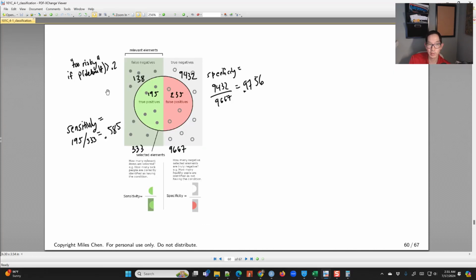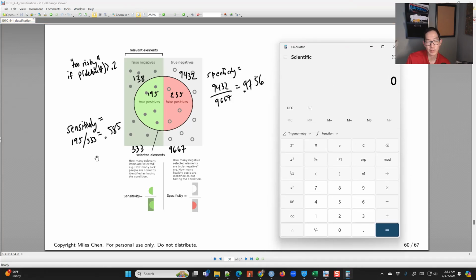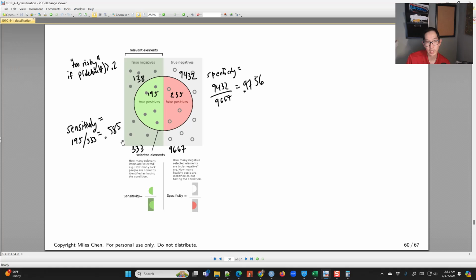Looking at the rates here, out of 333 people, I've correctly flagged 195 of them. So my sensitivity goes up to 195 out of 333, a better score of 0.585. But again, now I'm having more false positives.